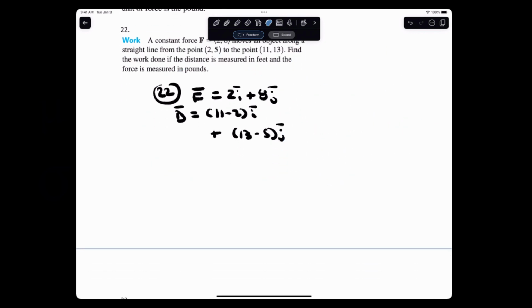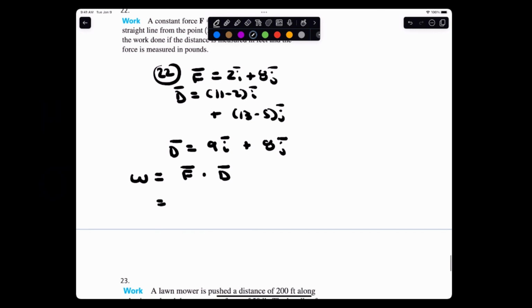Okay, so let's see what that d vector is. 9i plus, what's 13 minus 5? Isn't that 8? 8j. So your work is force dotted with the distance vector. So you're going to take the components. 2 times 9 plus 8 times 8.